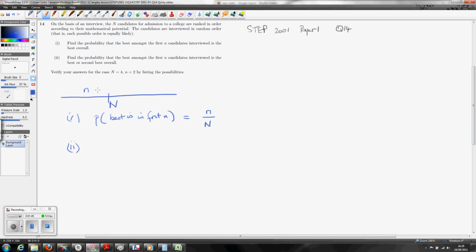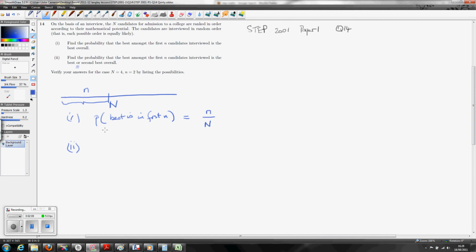Part 2 is asking us, what's the probability that the best in the first n here is either the first or the second best overall? And it's easiest to do these sometimes, when you've got an OR, by thinking about the opposite of this, and then in the end we're going to subtract from 1.